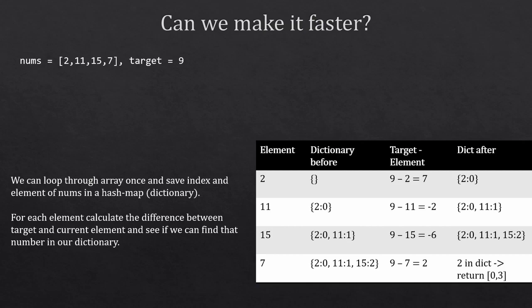We look for this item in our dictionary, but we don't see it, so we add 15 and 2 to our dictionary and move on to the final element, 7. We calculate the difference between 9 and 7, which is 2. We check if we have this value in our dictionary, and it turns out that we do. So we can return the index of the current element and value for our dictionary's key 2, which is 0.